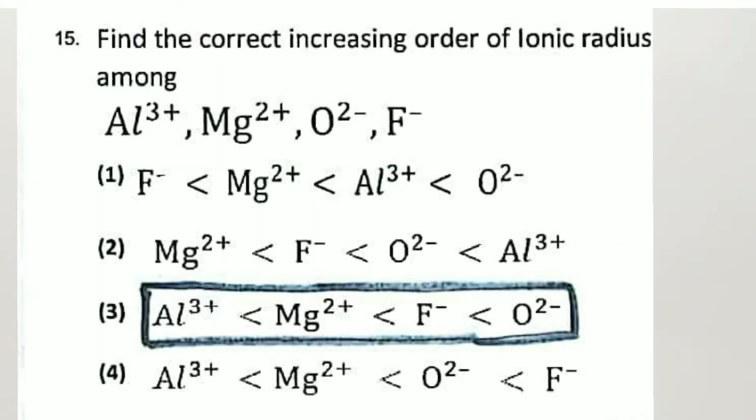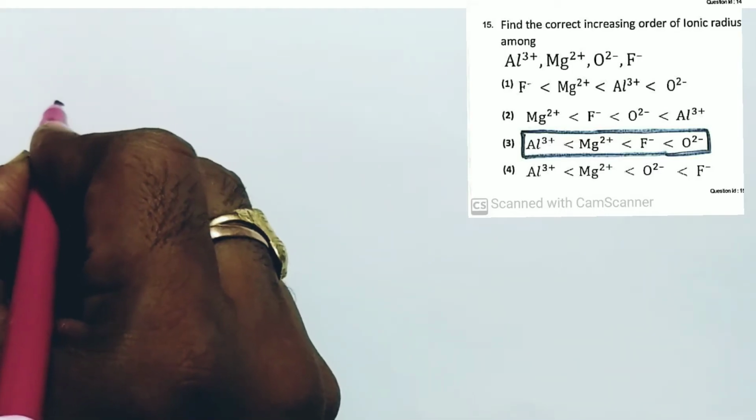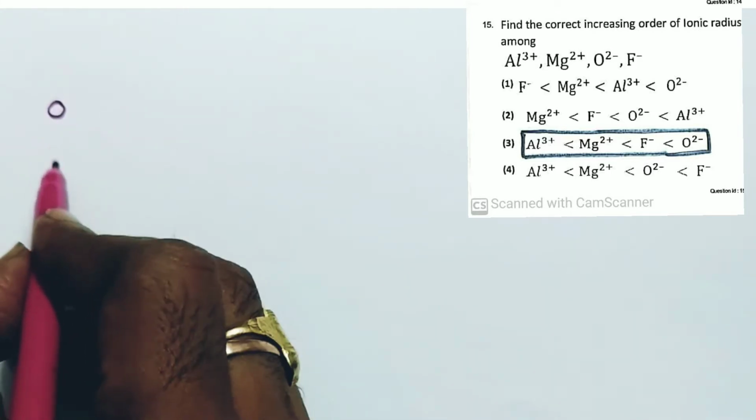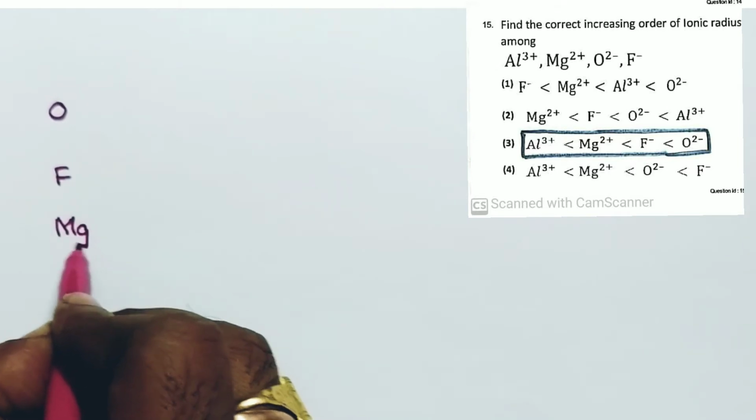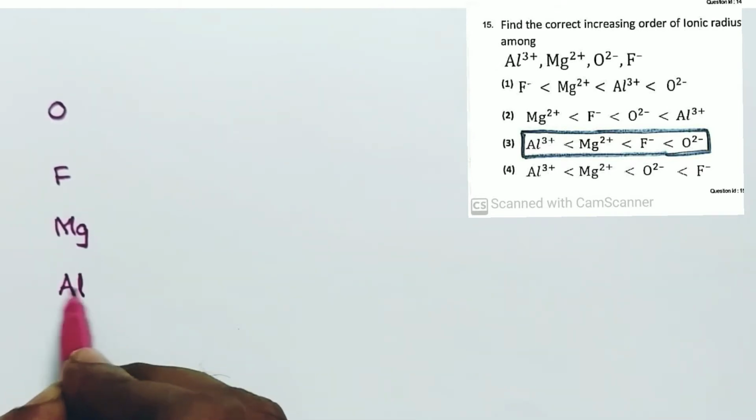Here we have 4 ions given, that is aluminum, magnesium, oxygen and fluorine. We have to find the correct increasing order of their ionic radius. Let's go into details. Here 4 elements are given, that is oxygen and fluorine and magnesium and aluminum.